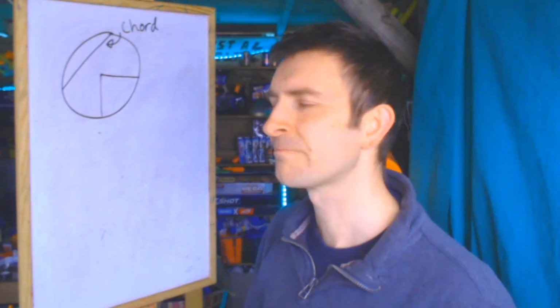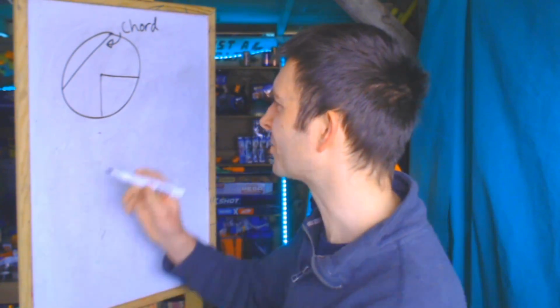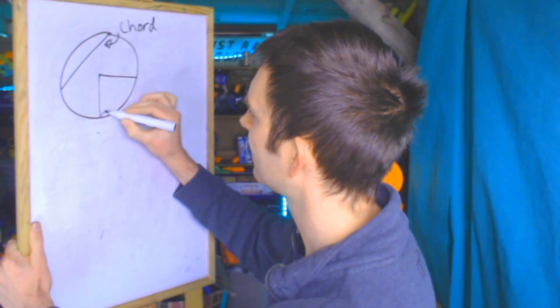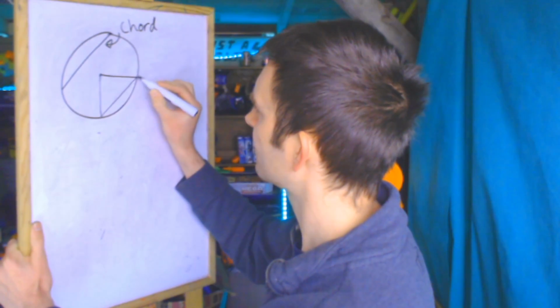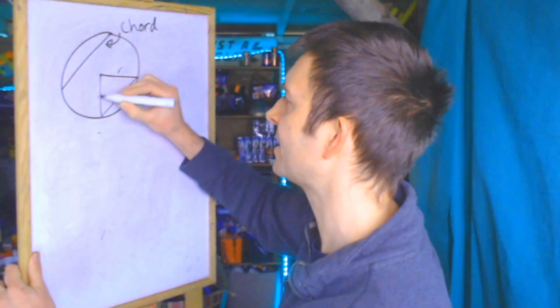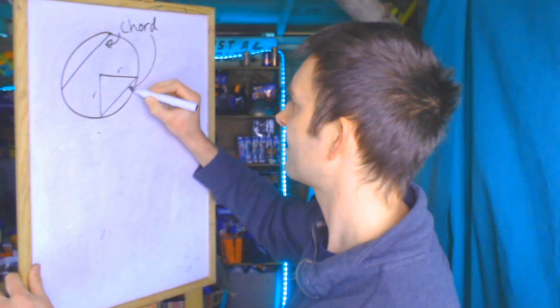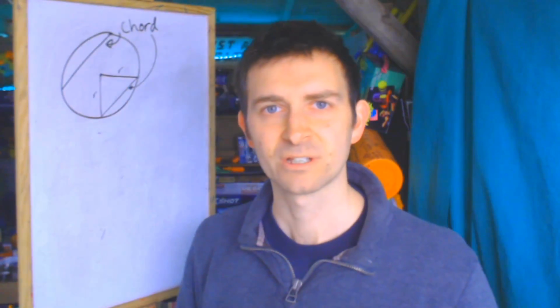And so what happens then if we make that chord hit the circumference at exactly the same place as these radii here? So that's a radius, that's a radius, this is a chord.